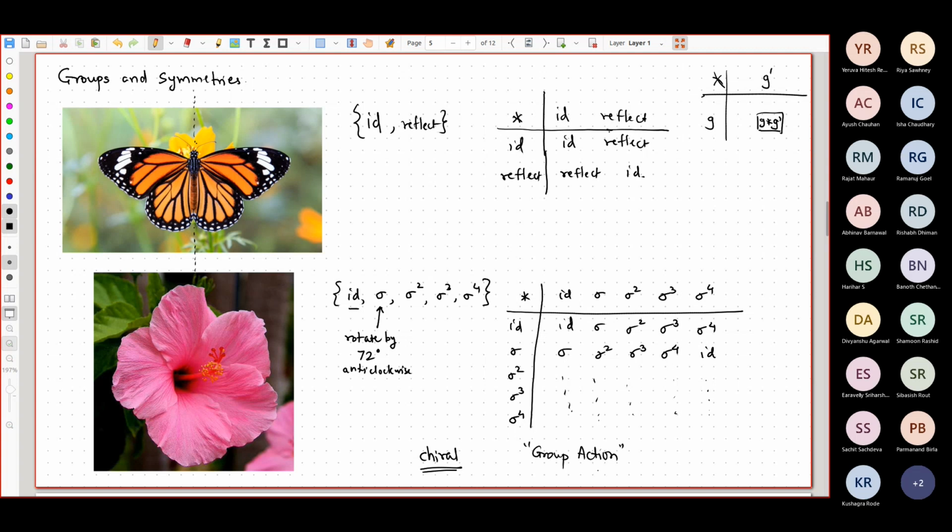Abhinav? Sir, you said that if the petals are not overlapping, we'll have another group which will have reflection, right? Why can't we have one single group which includes rotation as well as reflection? So the set of symmetries will include the reflection operation and it will be a larger group.